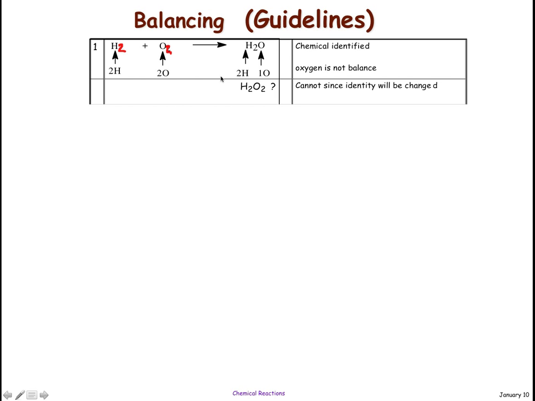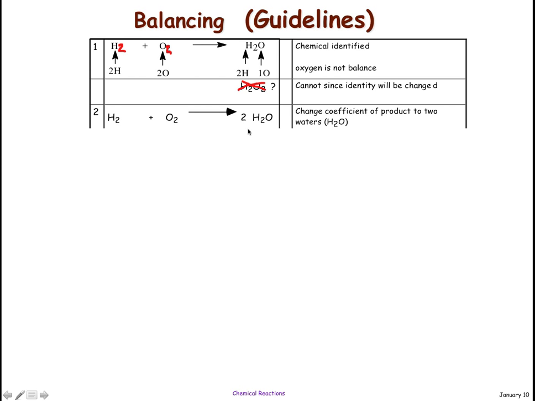You just changed the rule of the game, because the reaction is forming water, not hydrogen peroxide. So don't write hydrogen peroxide because that's not the chemical in the reaction. It's water, H2O. So just because it looks balanced, that doesn't mean it's correct because the chemical reaction is not chemically sound.